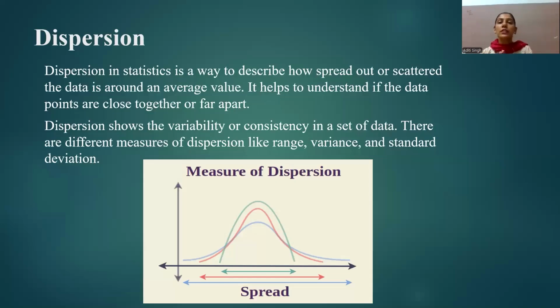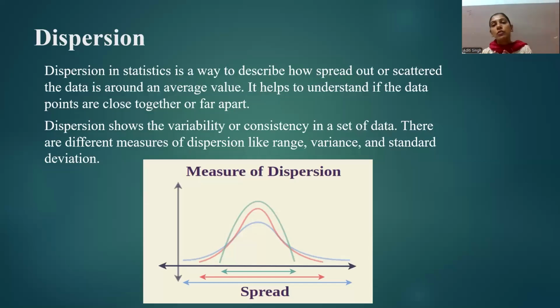So for this purpose, the measures of dispersion are used. On the basis of average, the structure of a statistical series can be of two types. First, their average may be the same, but the formation of items may be different.